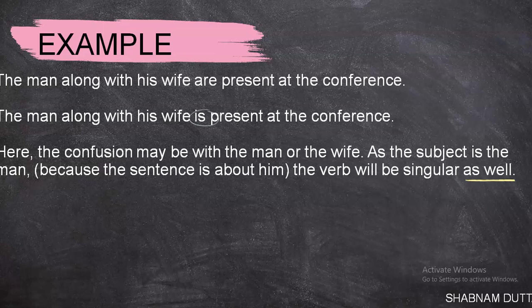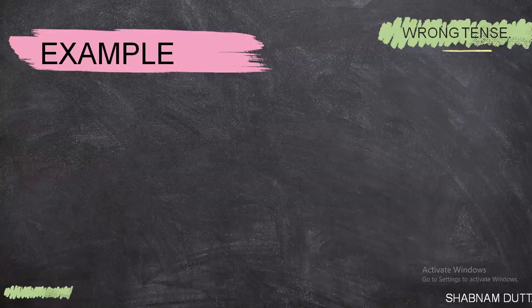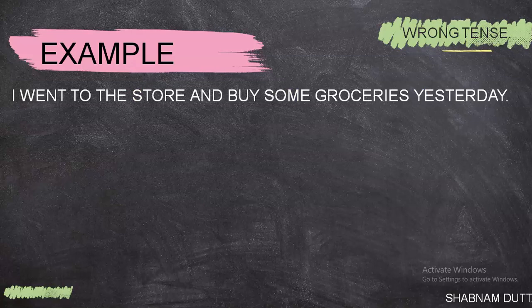Okay? Now let's talk about the errors with tenses. This happens when you use the wrong tense in a sentence, when you mix them up or use the wrong form of verbs. For example, the sentence, "I went to the store and buy some groceries yesterday" is wrong.